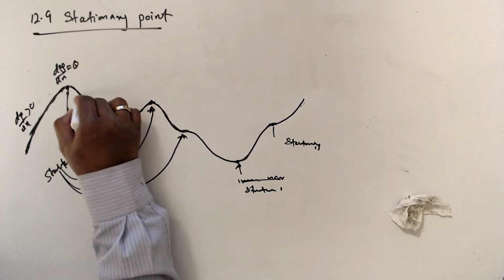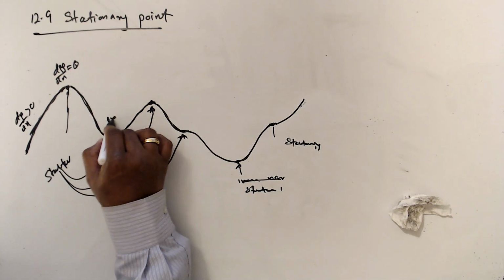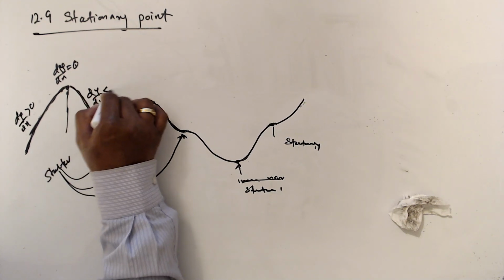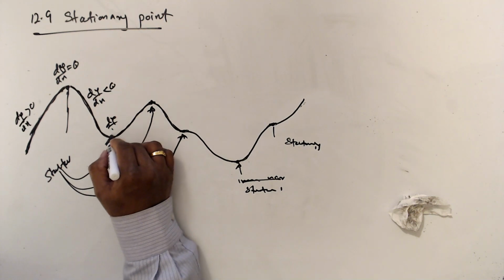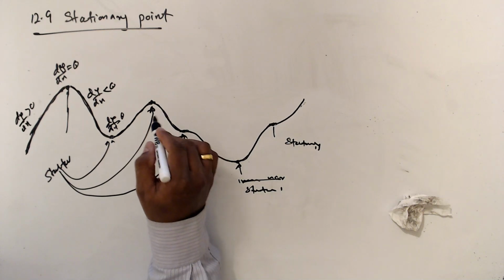And again it is decreasing. If it is decreasing, dy/dx is less than 0. And at this point, neither increasing nor decreasing, it is 0.